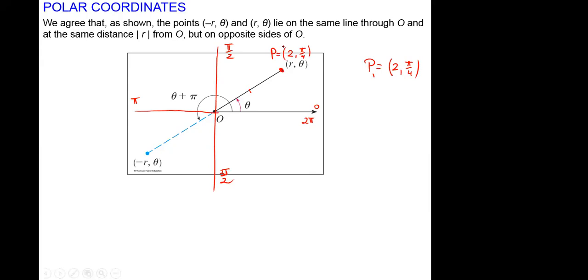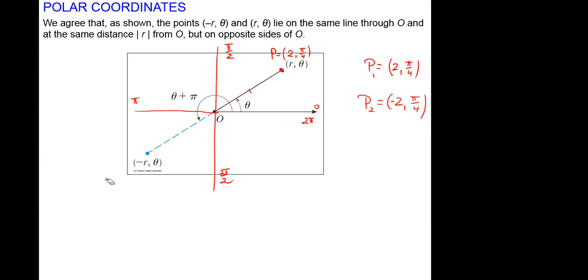Now, if my point is defined with the coordinates -2, what does this mean? If you see the negative radius, you still have to draw the angle pi over 4, and then you have to elongate it, you have to draw in the opposite quadrant.